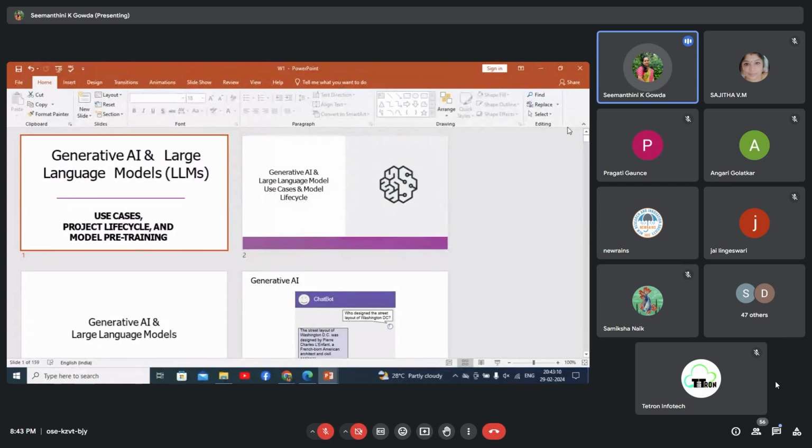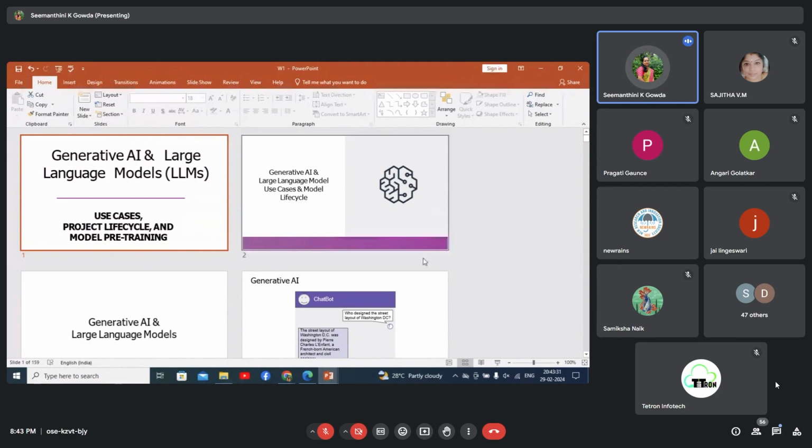We are going to generate a new image, a new text, new data, or music. Each and every data will be created automatically.